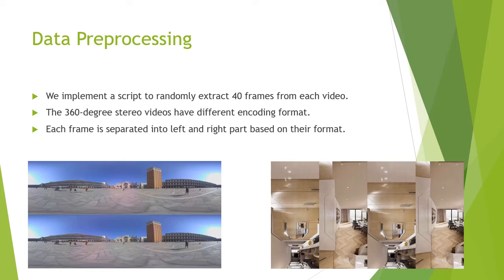And if it's using the format as shown on the right side, then it will cut each frame vertically, and the left half will be used as the data for the left image, and the right half will be used as the data for the right side.